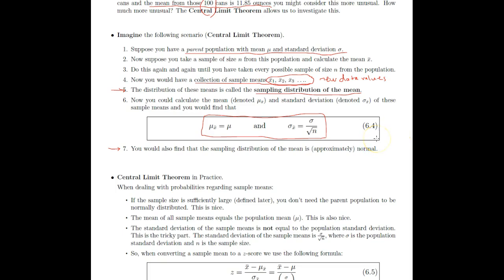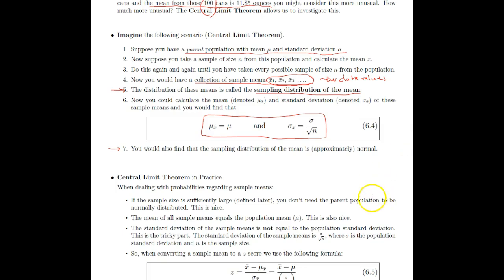One is that the parent population itself was approximately normally distributed. The other is that even if the parent population wasn't normally distributed, if your sample size n is greater than or equal to 30, this new distribution happens to be normally distributed.